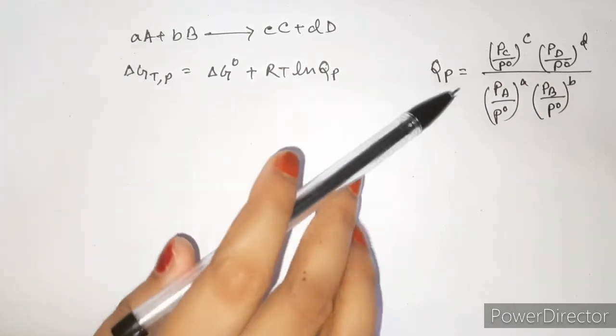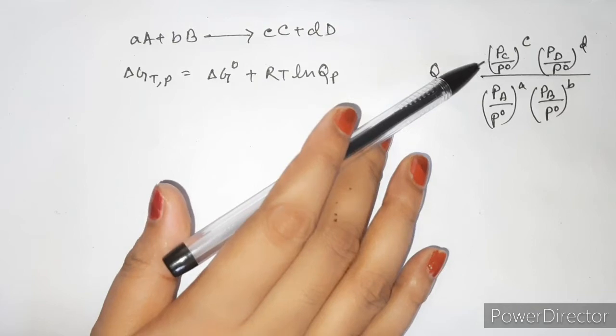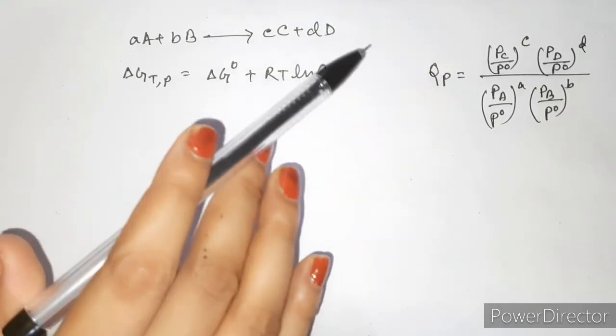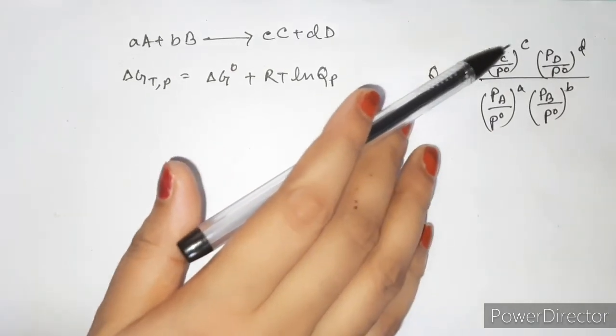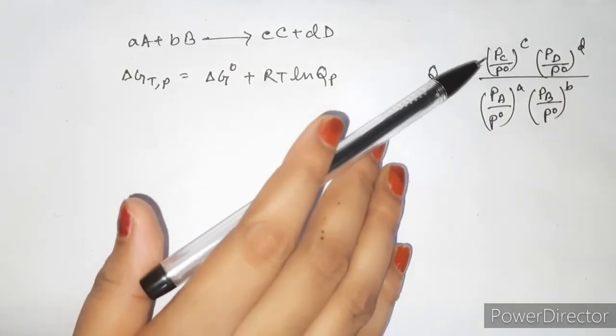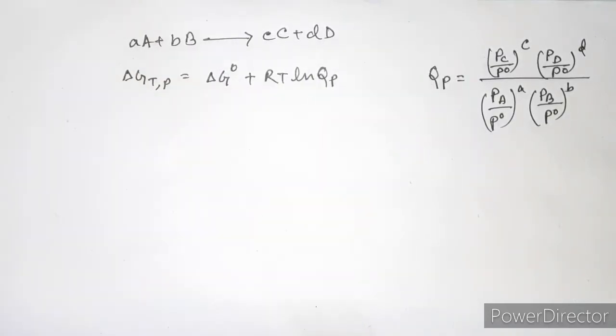Now Qp is the ratio of the partial pressure of the product divided by the partial pressure of the reactant, and there is a power, and the power is equal to the stoichiometric coefficient of the reactant or of the product.